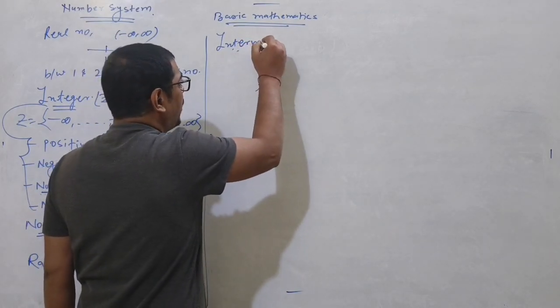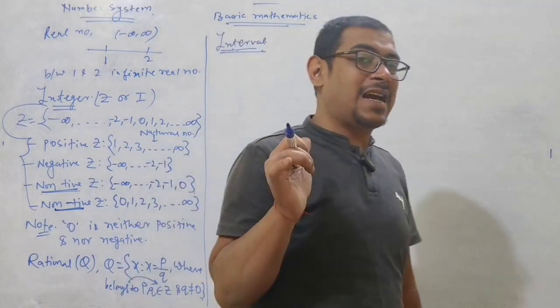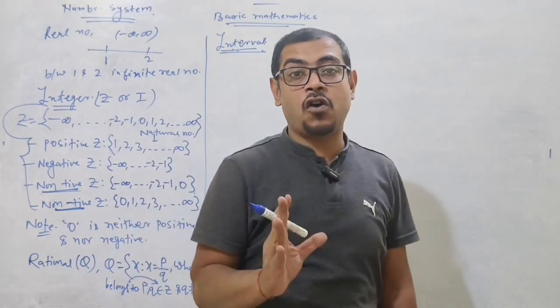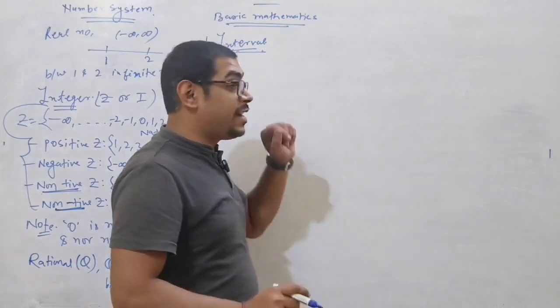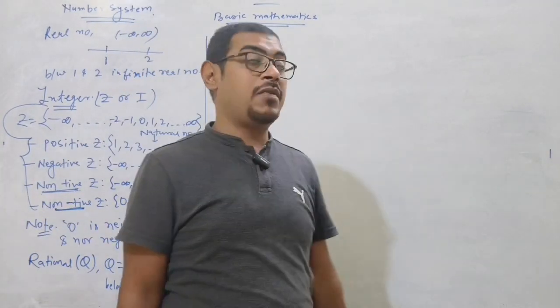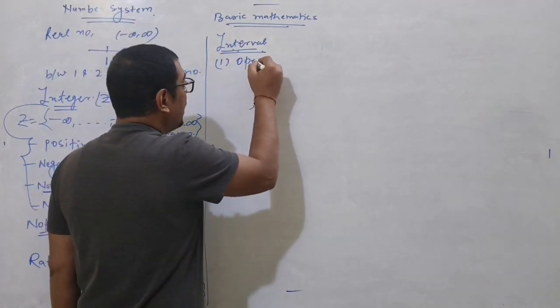If you want to know the modulus function, these are the heart of mathematics, the soul of mathematics. So the interval is divided into how many parts? 4 parts. The first part is called open interval.